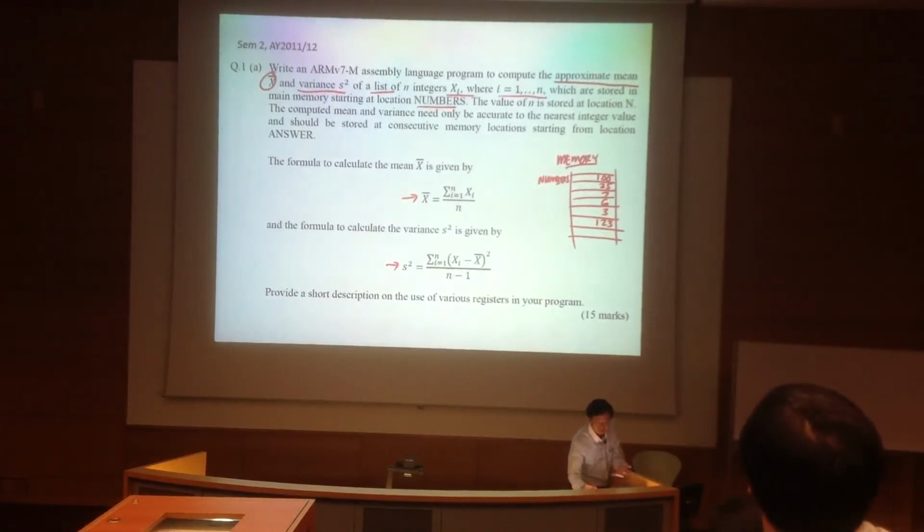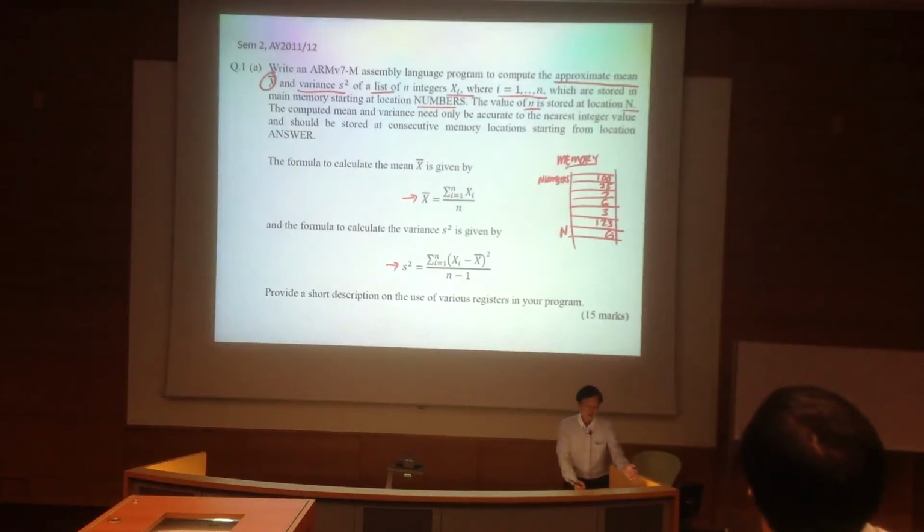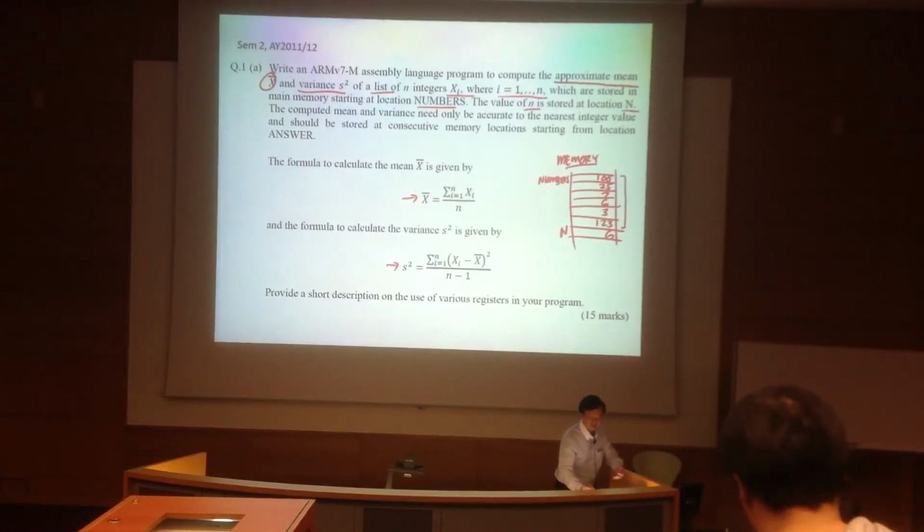So these are some numbers inside memory, and then there's the value of n, which is how many numbers you have, stored in here. So you have 6 numbers. And you want to find the average of this list of numbers. So mean is average, right? And as we know, to calculate the average, you go here, get the number, add it to the total, and then divide by 6. So very easy.